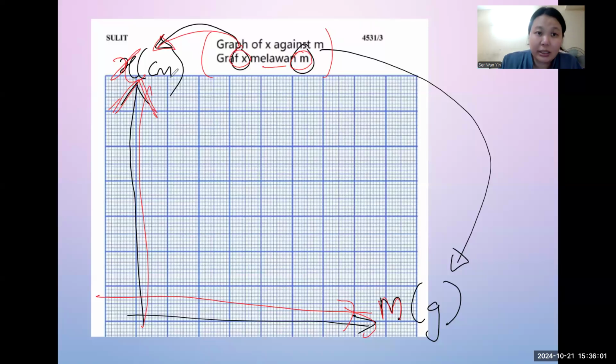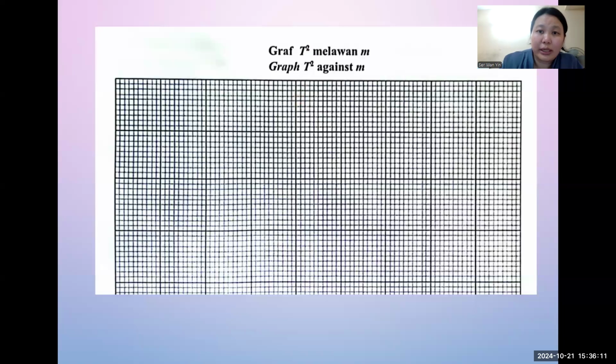Then from there you can see whether this is cm or gram, depending on the experiment. Now for example, t squared against m. So how to draw your graph? Y-axis t squared, x-axis m. Then this is gram, this is second squared, right?